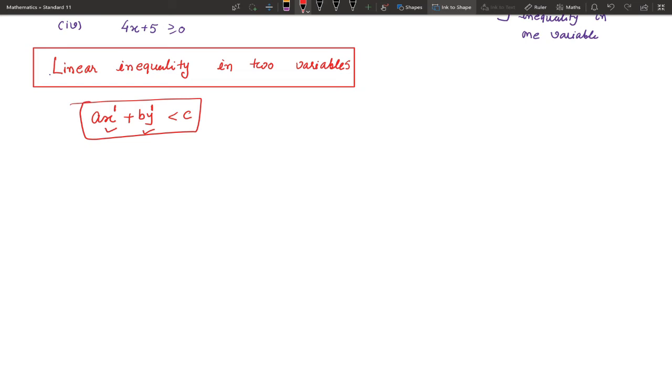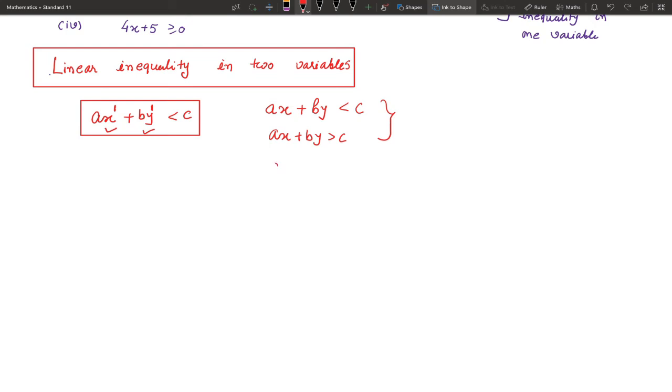Also ax plus by greater than c. These are strict inequality, linear inequality in two variables.